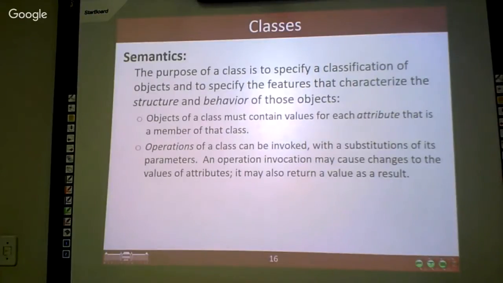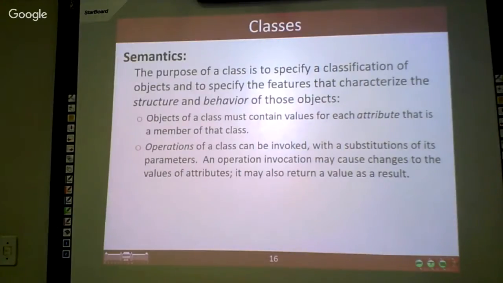And the objects of this class must contain values for each attribute that is a member of that class. So we define the class as a template, and when we instantiate it and have an object of this class, then we have to fill the attributes of that object, because we defined these attributes that objects of this class must have.